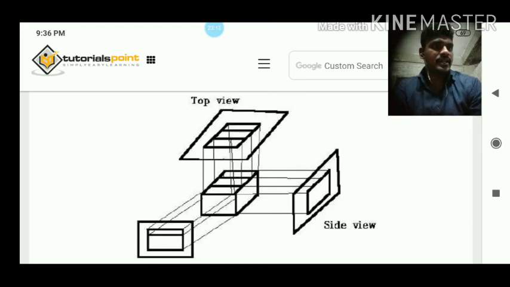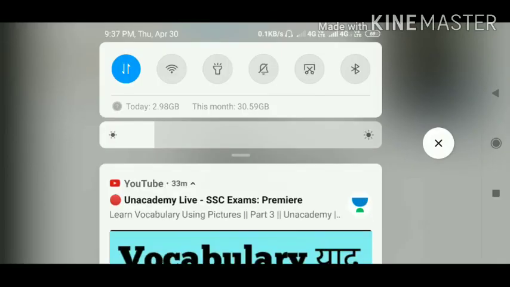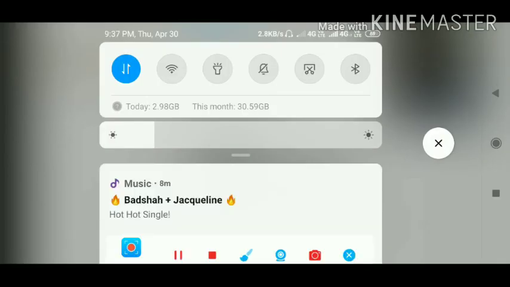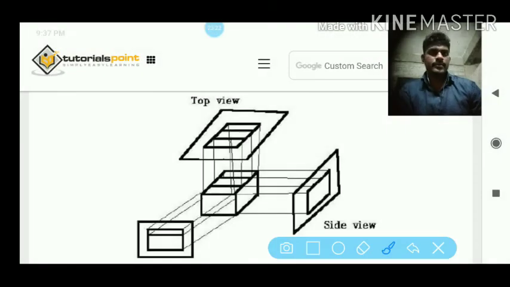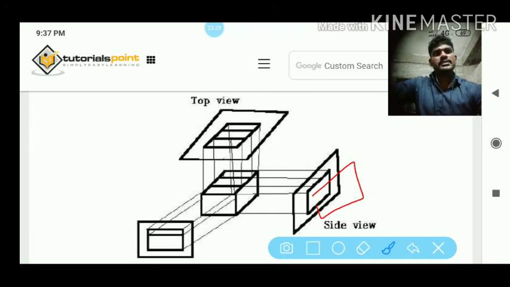What is side view? Look here. You can easily understand this one. I will tell you, wait. So what is the side view here? This one is the side view, and this one is the top view.